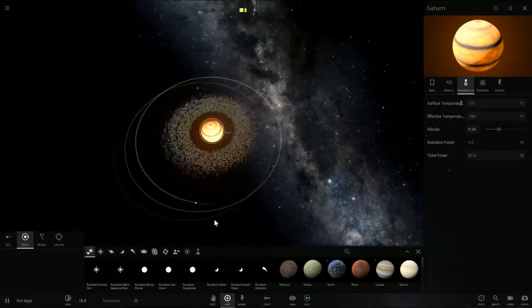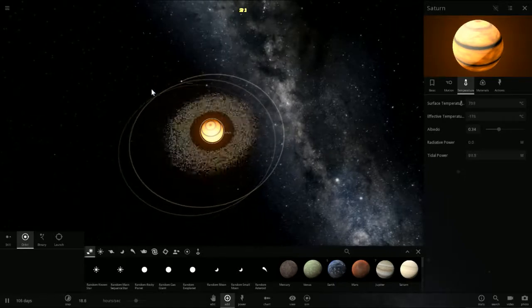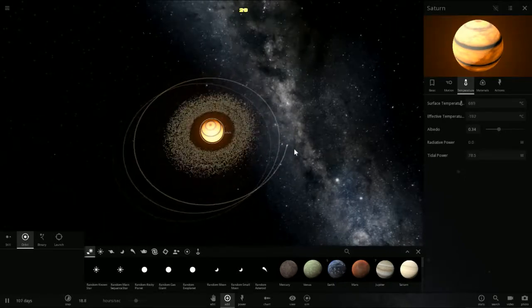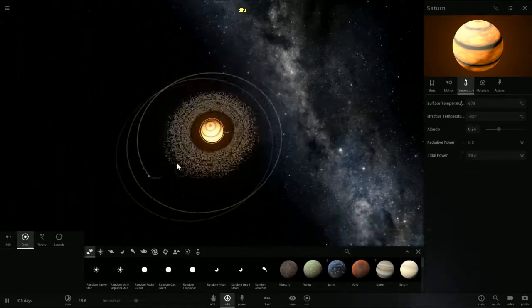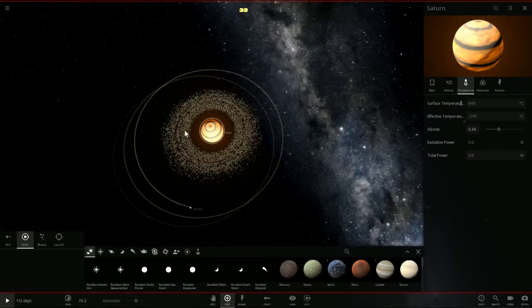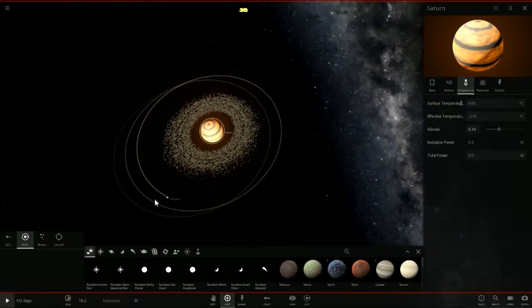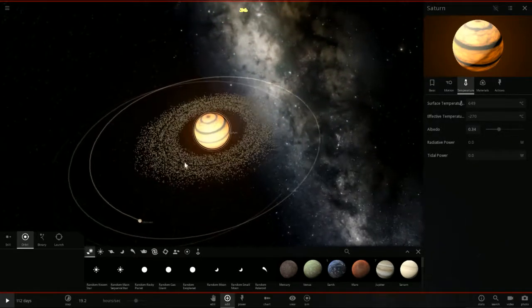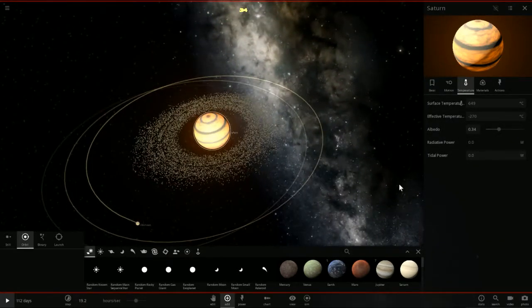So then I did a Venus-sized moon, and that did affect the ring system, but I didn't get the results that I wanted to see. So I thought, let's just make a moon that's in between the size of Venus and Earth. Earth is 81.3 moons in mass, and Venus is 66.2 moons in mass.